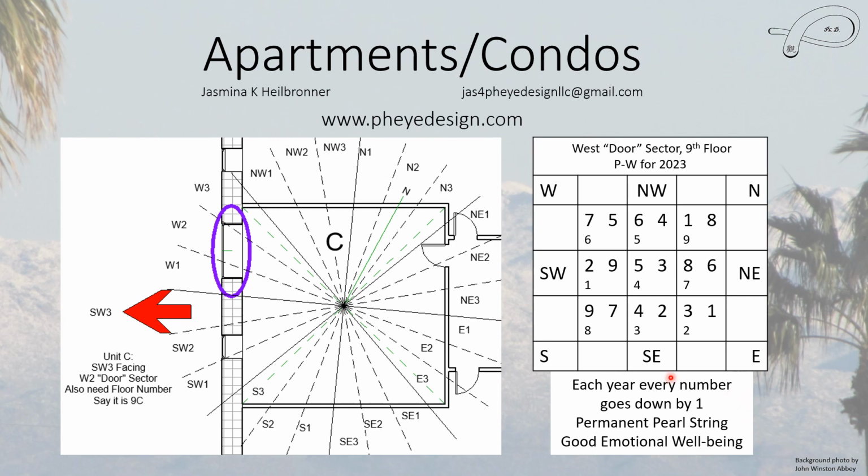Now, every year, each number goes down by 1. So if we take this sector here, this one will be 8, this will be 6, this will be 7, which is right here. So these numbers never change. These combinations of numbers never change. They just move around, where this will move here the next year, and so forth.